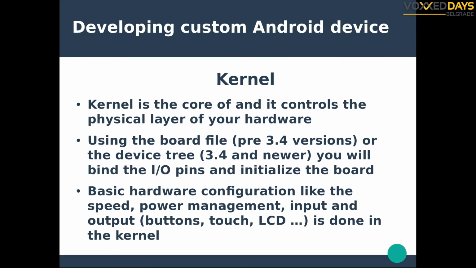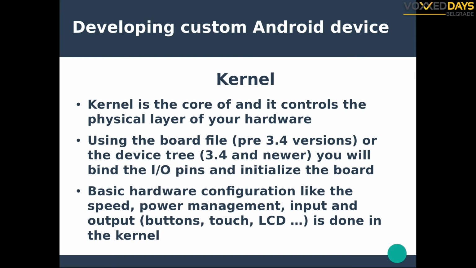You have the processor, of course, and all the peripherals are connected to the input-output pins of the CPU, probably, and on some protocols or something like that. And all of this stuff you need to describe in the kernel. So in the case of 3.4 and before versions, you will use a board file.